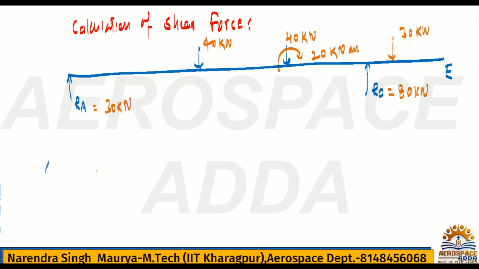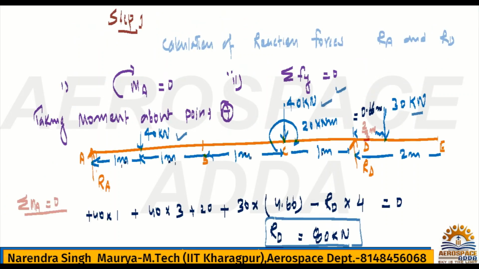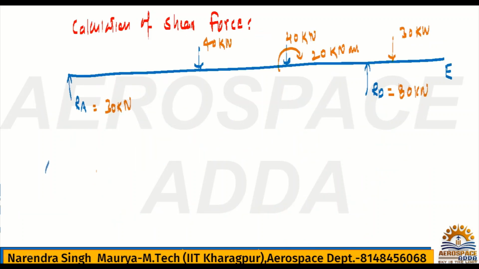Okay, anyway, now we have a UDL. I have shown you the concentrated load, so even if you want you can show a concentrated load, otherwise, because we have to write just before and just after forces, I'd better show the UDL part. It will be better, because in previous problems I solved and showed the UDL only.